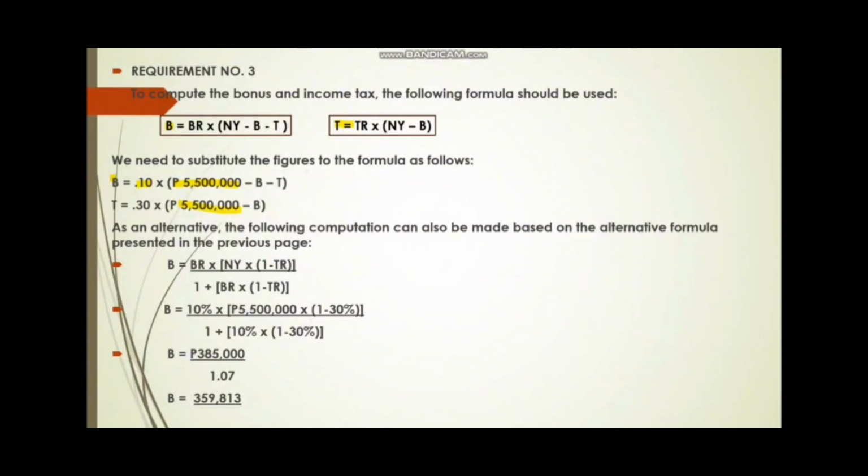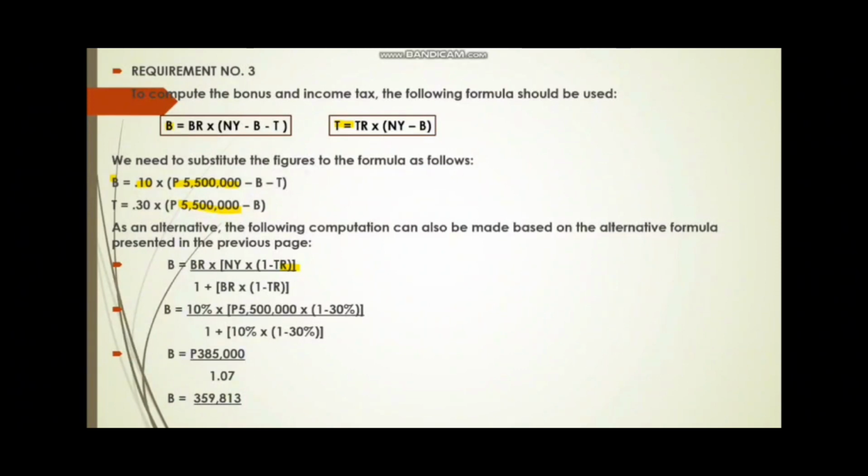As an alternative, the following computation can also be made based on the alternative formula presented in the previous page. We convert the percentages in the formula: bonus rate times NY times 1 minus tax rate over 1 plus bonus rate times 1 minus tax rate.